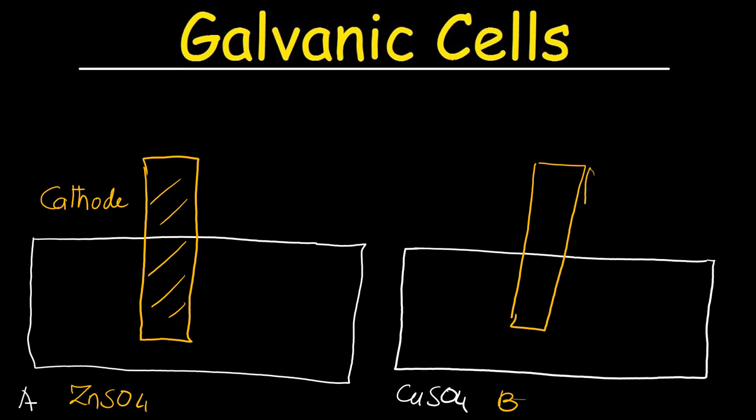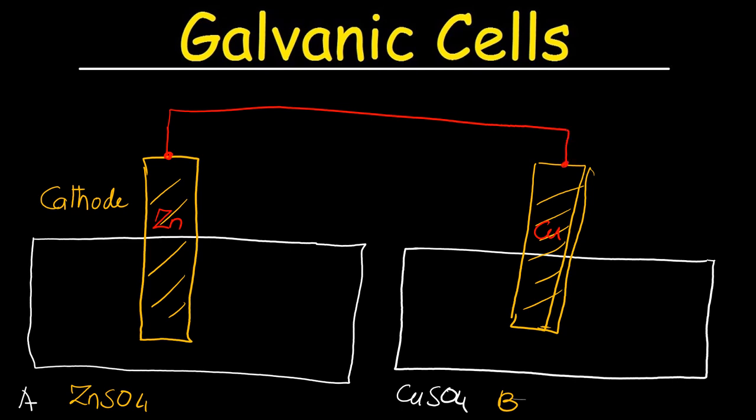The anode is made up of copper metal, whereas the cathode is made up of zinc metal. Both these metals are connected with a conducting wire, and the role of the conducting wire is to channelize the flow of electrons between the cathode and anode.